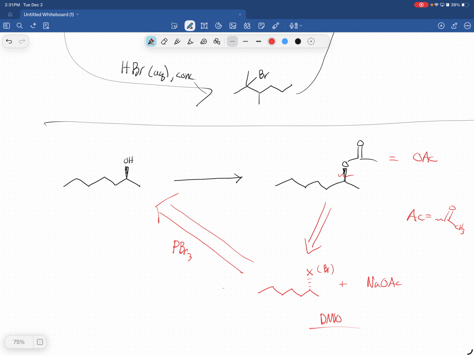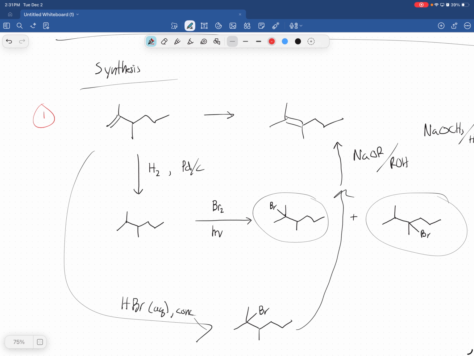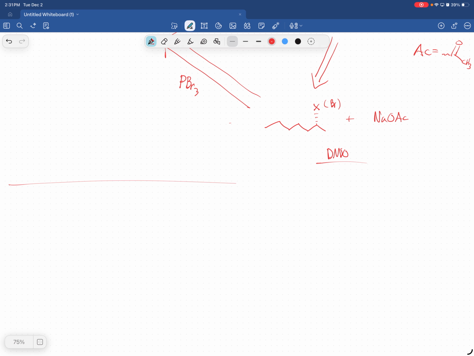SN2 type chemistry, and then the last one is some alkene type chemistry like we did here. So you saw an alcohol one, here's the second example. You saw the alkene one, that was the first example. And then the third one you can expect is something with maybe a Grignard, or ether chemistry. And if you look in that review study guide I gave you, it covers both types of syntheses using these two types of reagents.